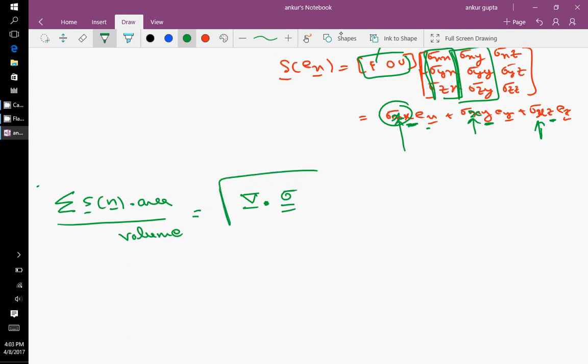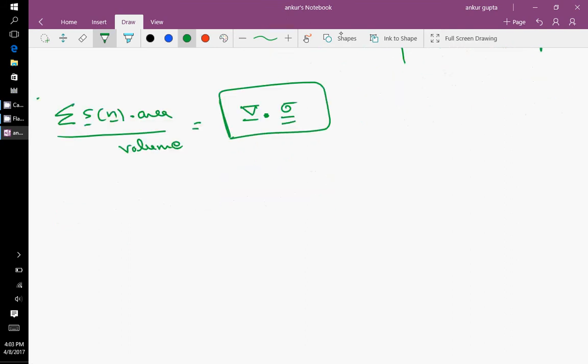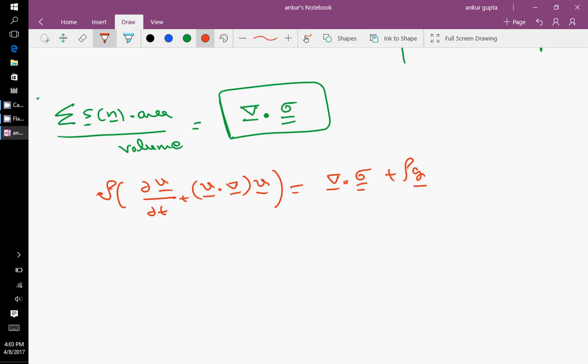So our Navier-Stokes equation then becomes rho into del v vector by del t plus v dot del into v vector equal to del dot sigma tensor plus rho g vector. So this is also the Navier-Stokes equation. However, this is in terms of sigma stress, and we want it in terms of pressure and shear stress.